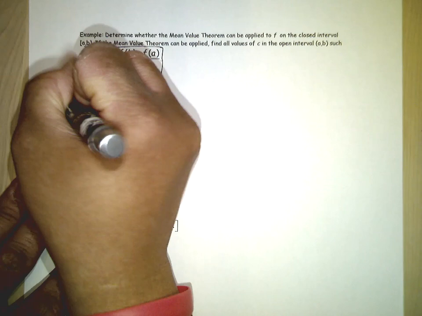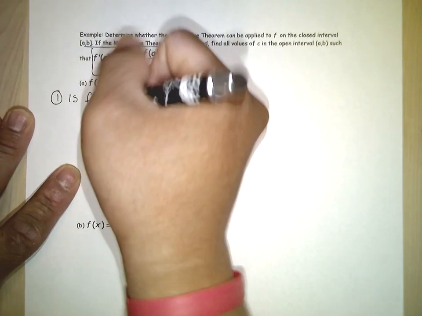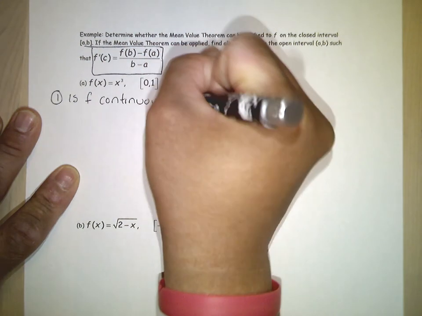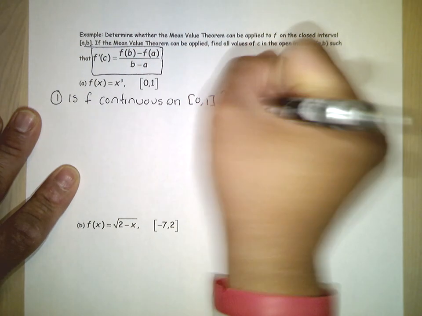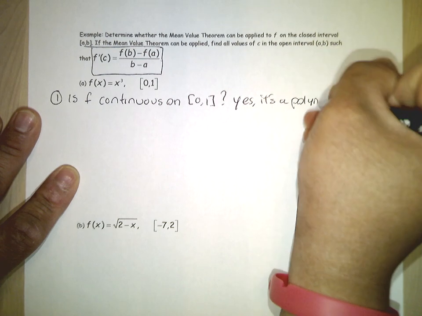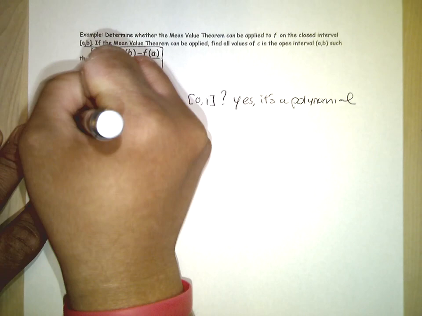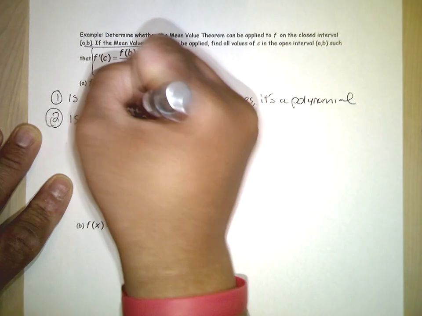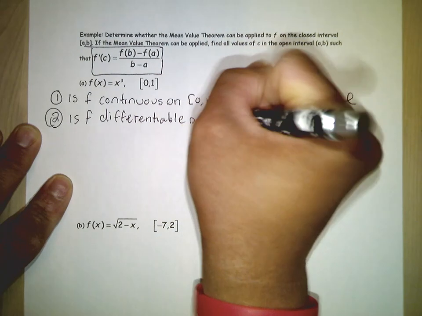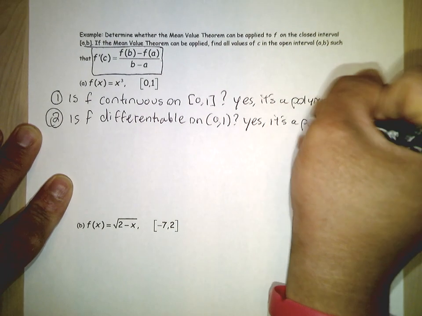All right, so 1 we see is f continuous on the closed interval 0 to 1, yes, because it's a polynomial, and 2 is f differentiable on the open interval 0 to 1, yes, because again, it's a polynomial.